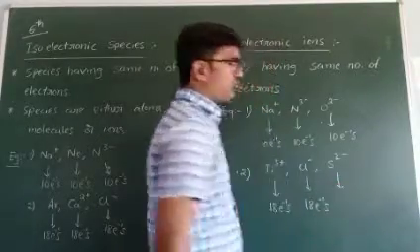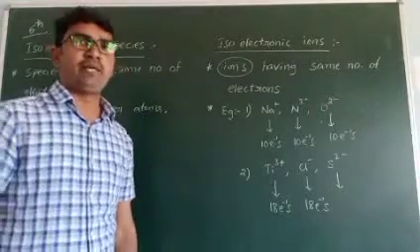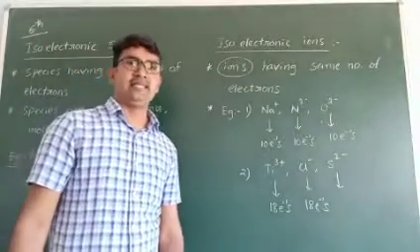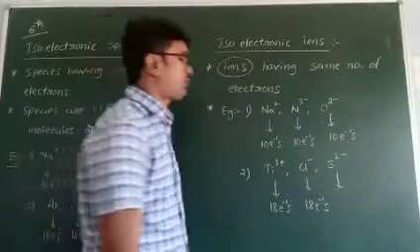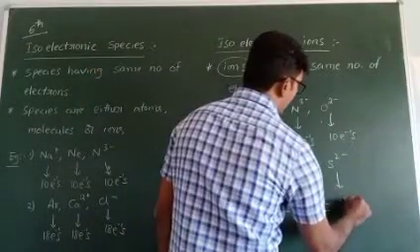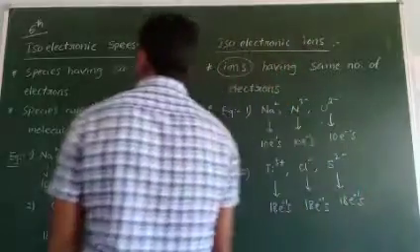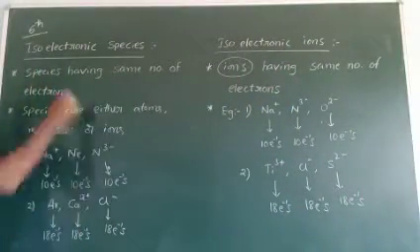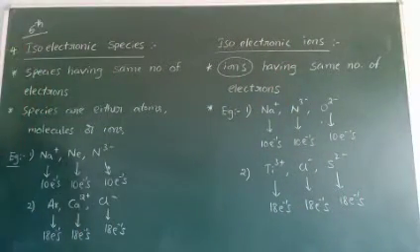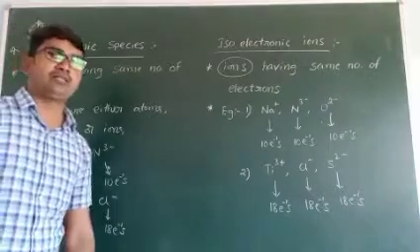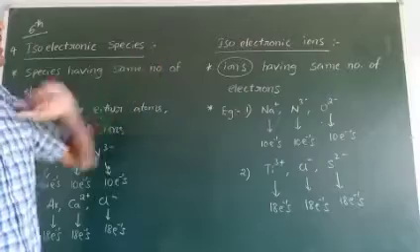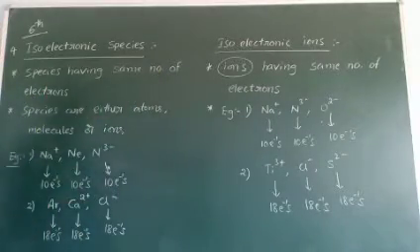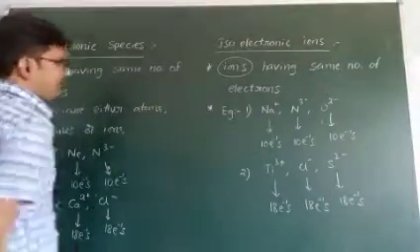S2-: sulfur atomic number is 16, minus 2 means adding 2 more electrons, so 16 plus 2, 18 electrons. This is the fourth one. Already the first one isotopes, second isobars, third isotones are completed. Fourth one is isoelectronic species and isoelectronic ions. Okay. Next one.